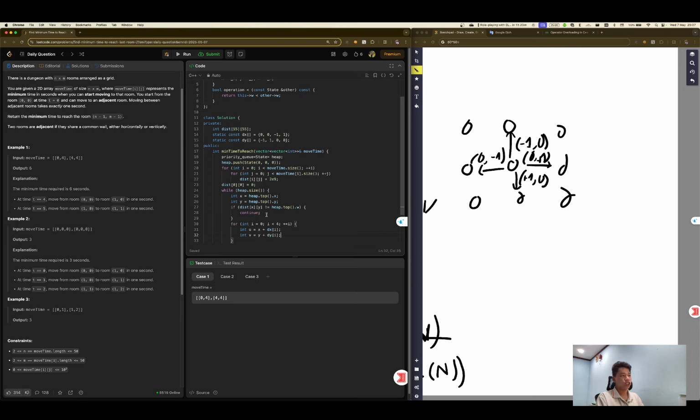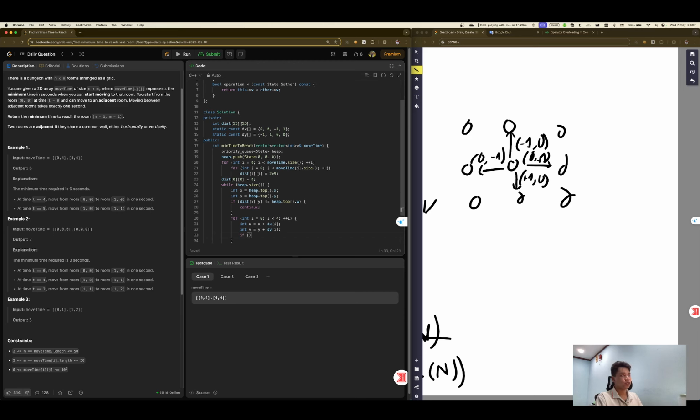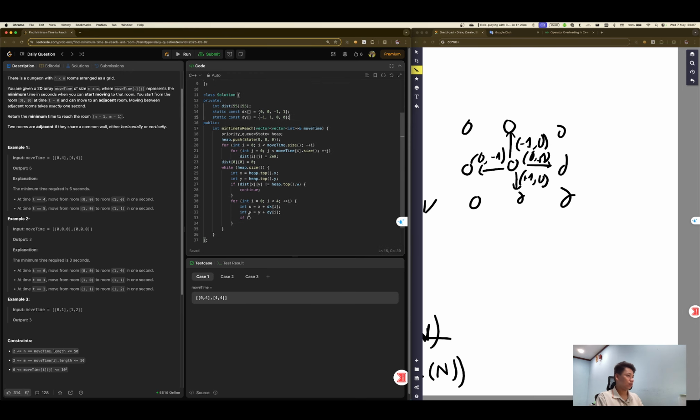We need to check if it is inside, so we will write an inside function here. For ease, I assign the grid size as n times n.